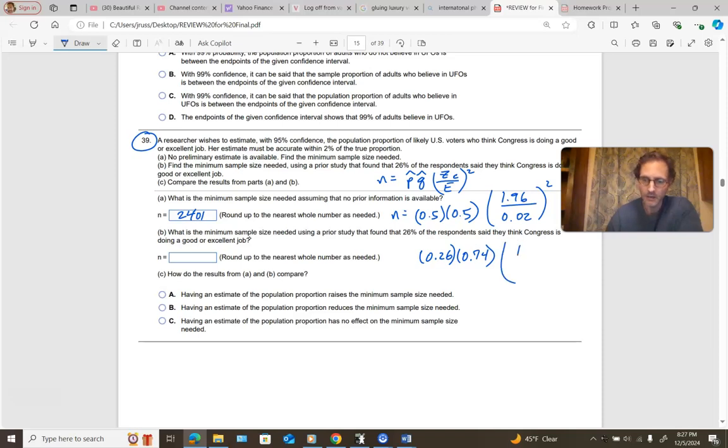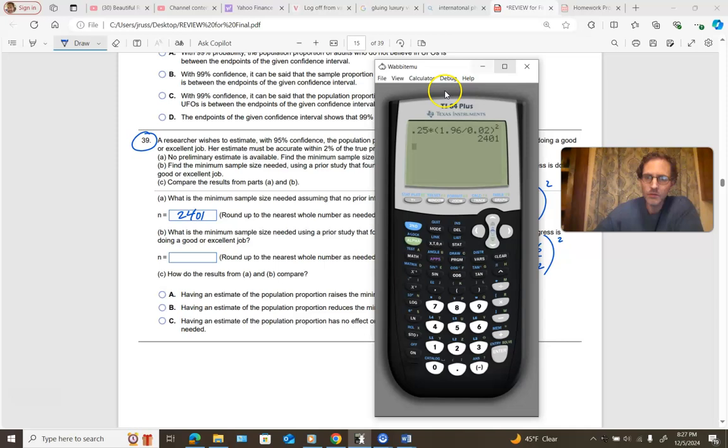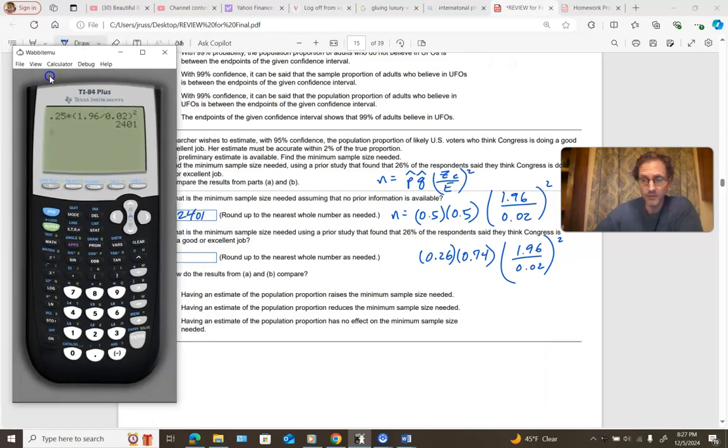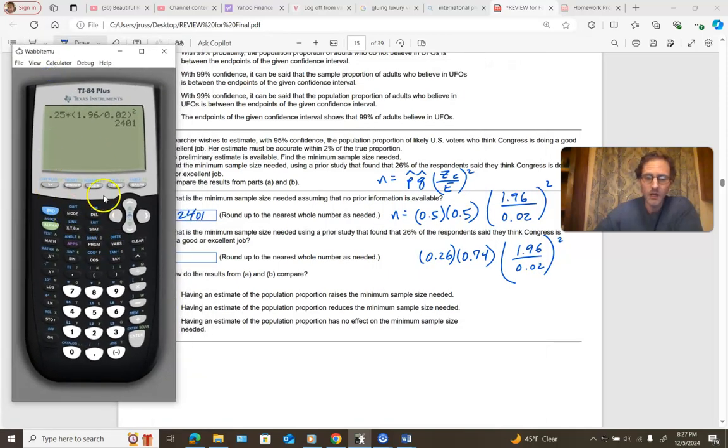And then all this other stuff would be the same. And this is going to result in a smaller sample size as well, because we have something with which to start. We basically have more information than we did in that previous case.